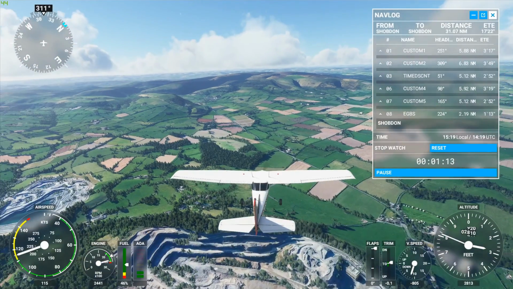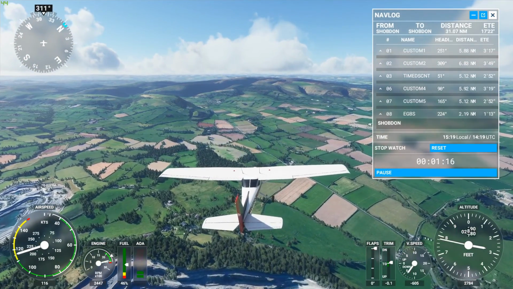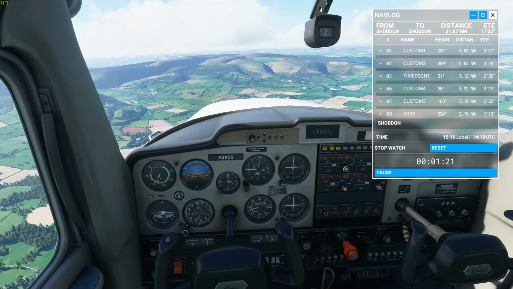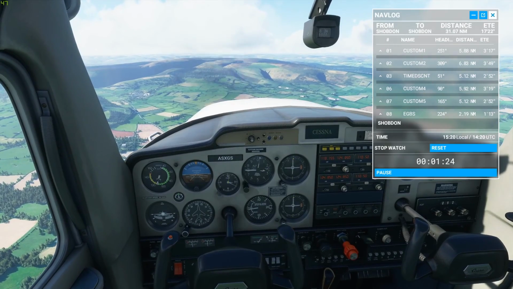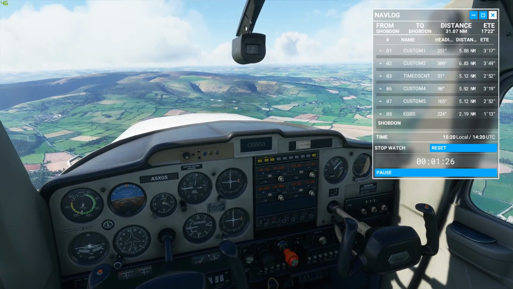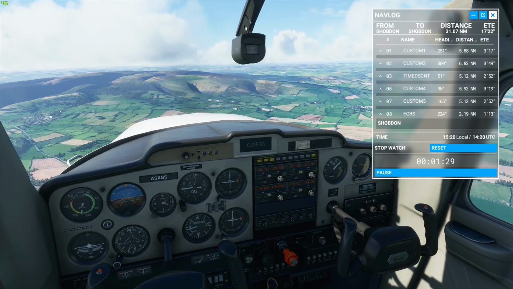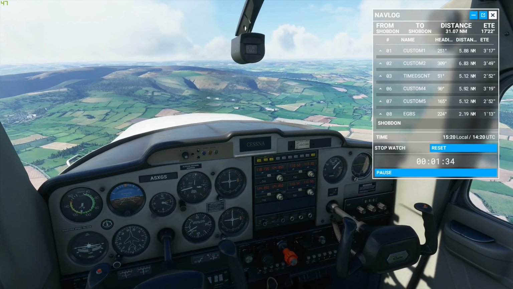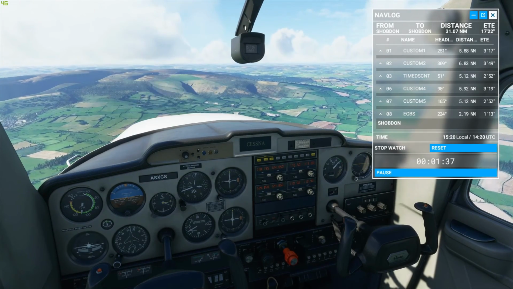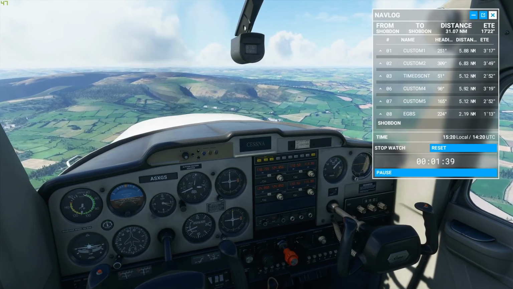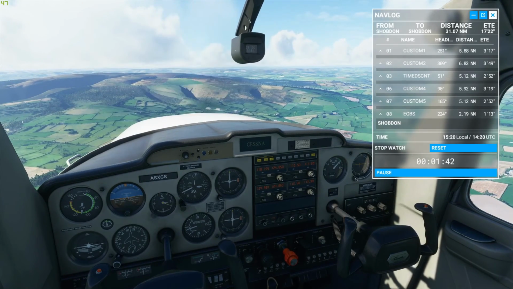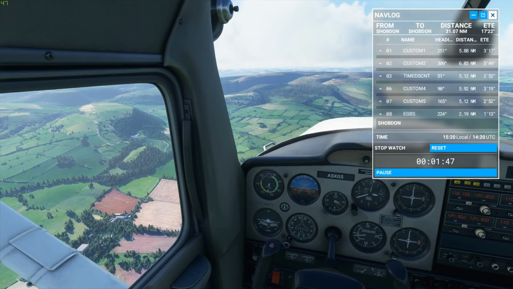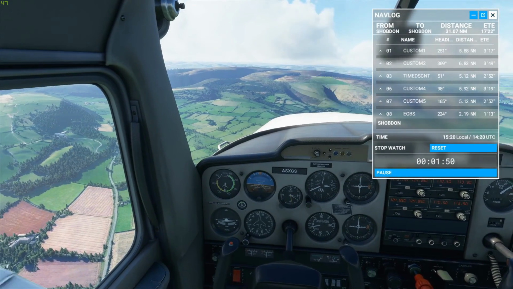There we are, following this main road northwest, up to the hill. There's that main road.